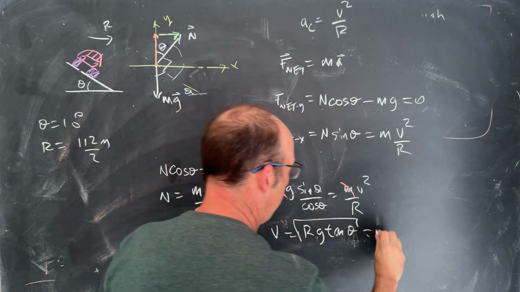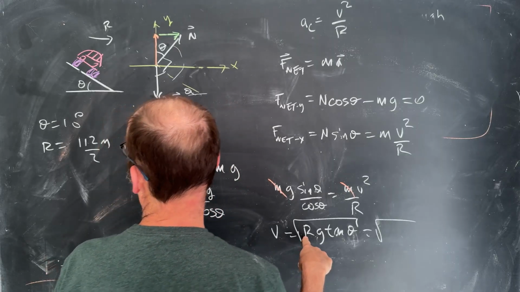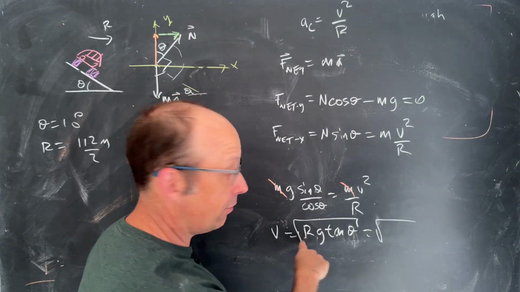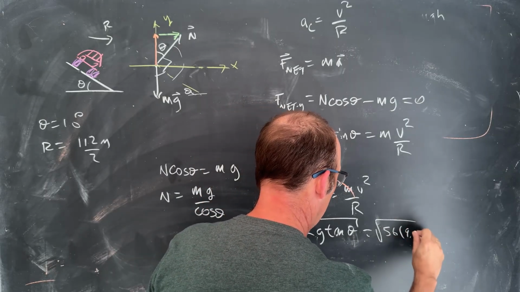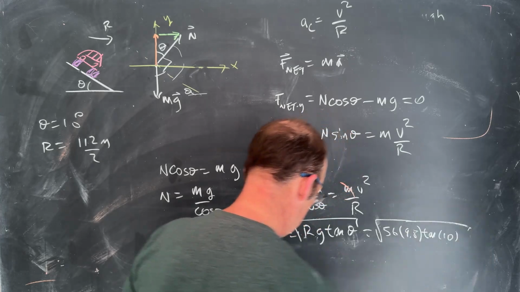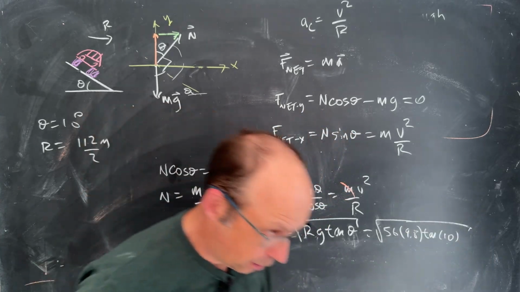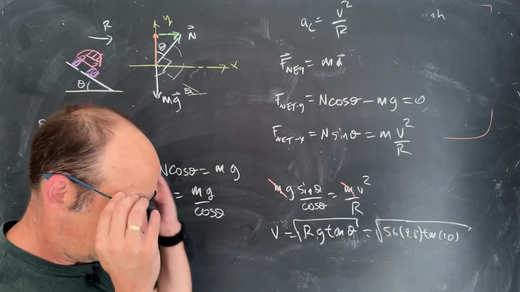So let's plug in our values. So I said r was 112 over 2. So it's going to be 56, that's right, 56 meters. So 56 times 9.8 times the tangent of 10. Let's plug it in. And then we're going to have to convert to miles per hour. I want it in miles per hour. Okay.